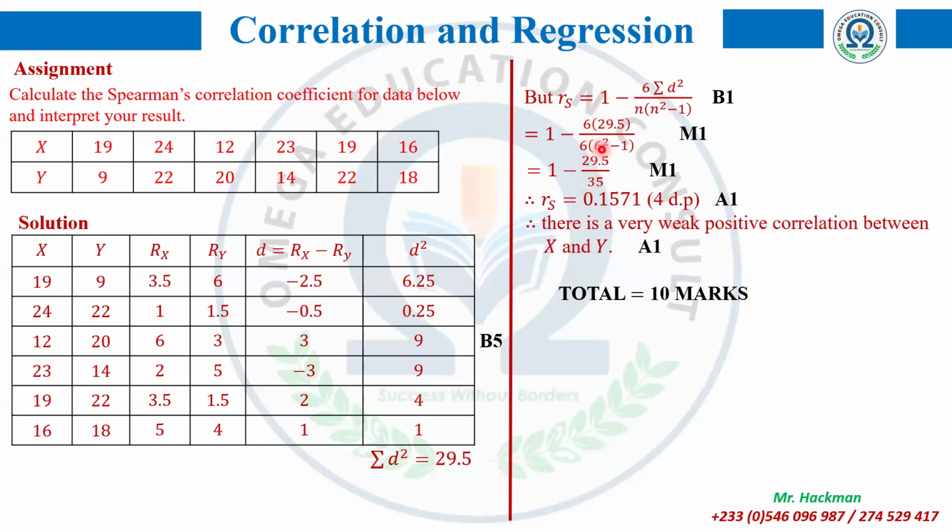If you simplify, remember I told you anytime you have a square, make sure you work out the square before you do any other thing. So you don't use your calculator. Did you cancel this? You used your calculator to do the whole of this.